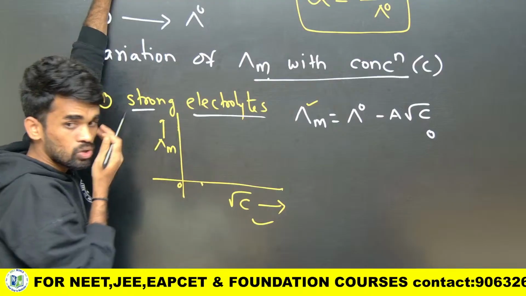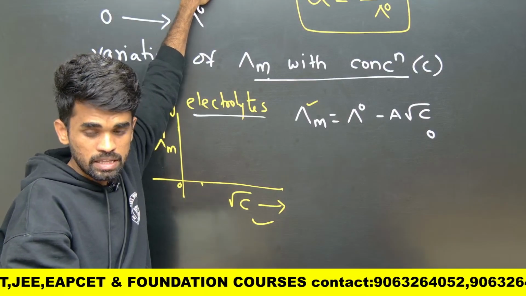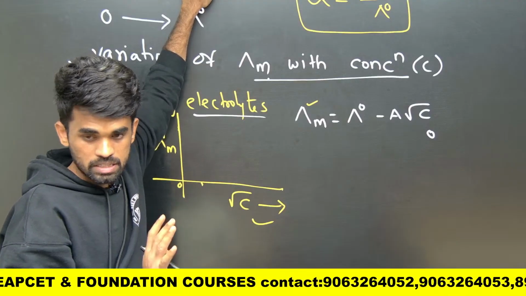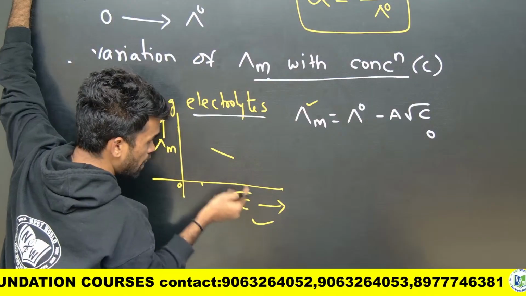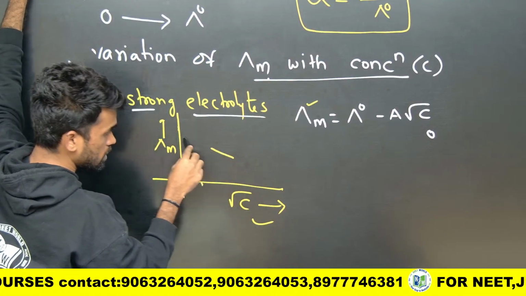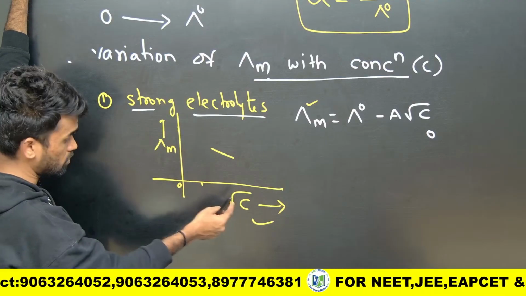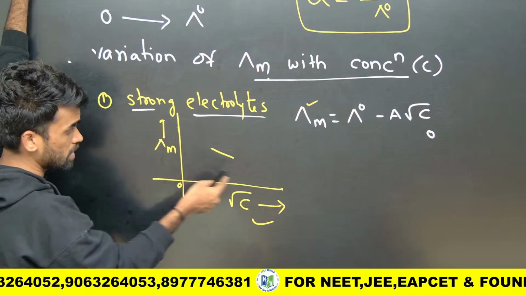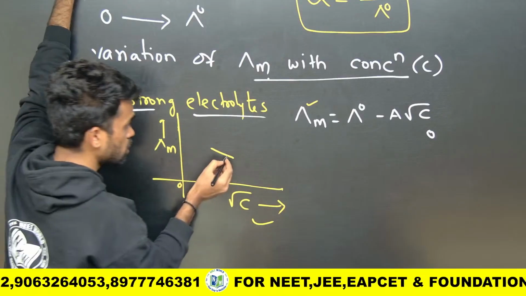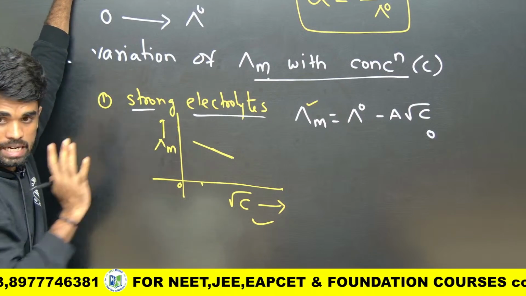Now what we know, as dilution takes place, the conductivity value increases. So it means as we move this side, see I am going from here to here, it means here maximum concentration. So I am going this side, means concentration is decreasing, right? We are tending towards 0. It means concentration is decreasing. So the graph looks like this for strong electrolytes.